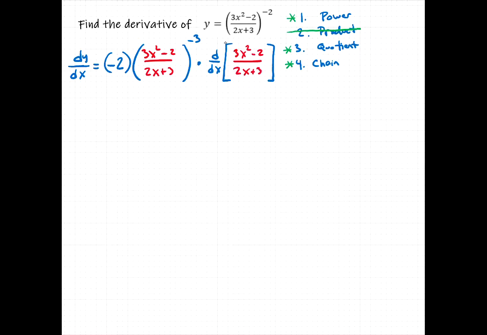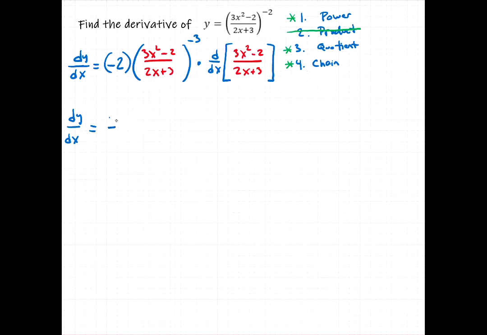So to figure out this part, we need to apply now the quotient rule. So dy over dx is equal to, we got a negative 2 times 3x squared minus 2 over 2x plus 3, oh, that parenthesis should be bigger, let's rewrite this.